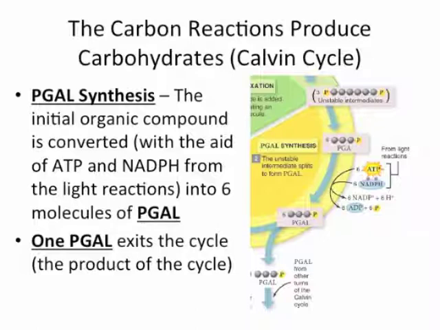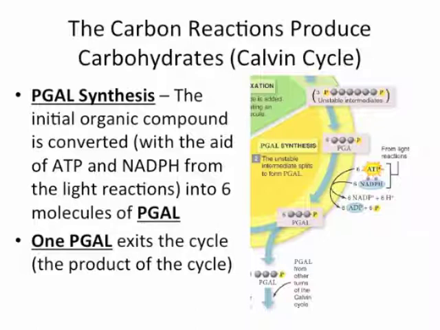So we brought in 3 molecules of carbon dioxide, linked them together with 3 5-carbon sugar molecules that were already in there, RUBPs, and converted it now into 6 pGal molecules using ATP and NADPH from the light reactions. So at this point, we have 6 copies of our ultimate product, pGal.